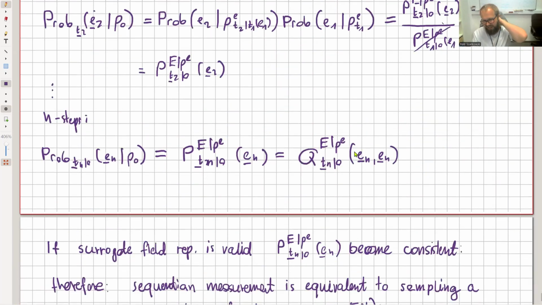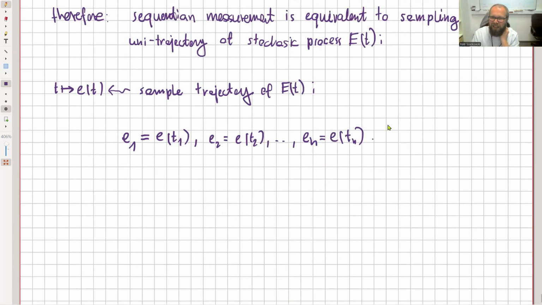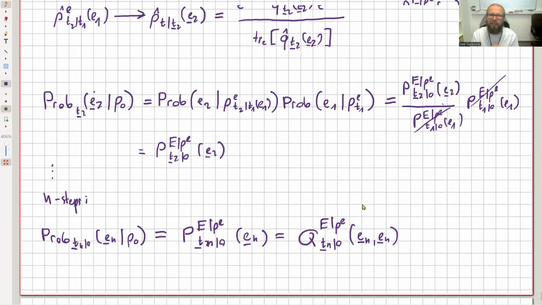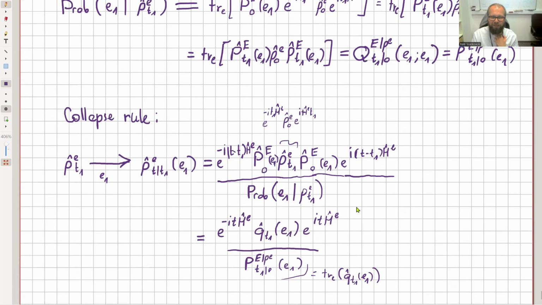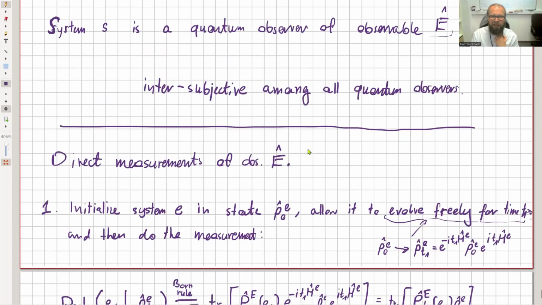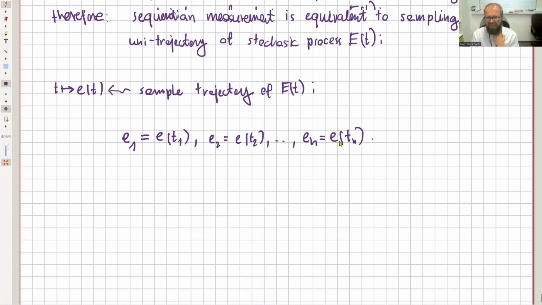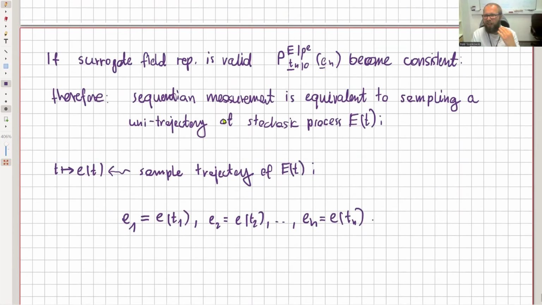And really, our classical observer perception of those trajectories is the same as the perception of quantum observers, because if you are able to do these sequential measurements of E in the surrogate field representation, then you can store your results.